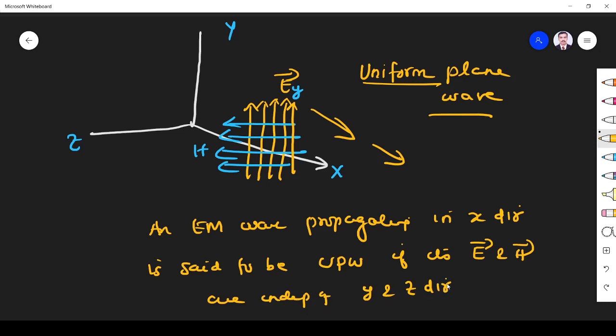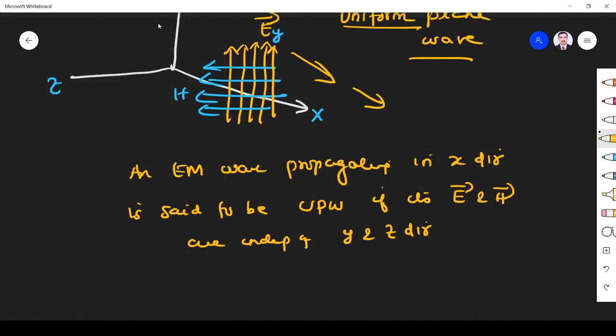That is very important. That means they all appear the same. It is like a uniform field. That's what independent of Y and Z means. It is the same everywhere.